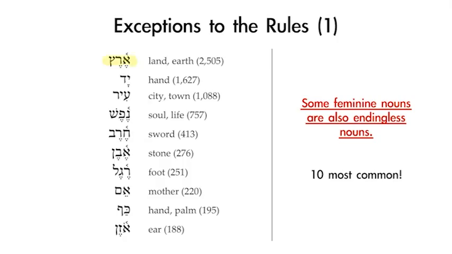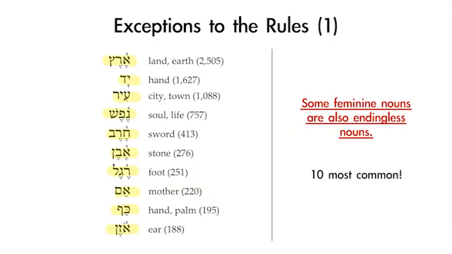They are eretz, for land or earth, yad, ear, nefesh, cherev, even, regel, egel, calf, and ozen. All of these nouns are endingless. They don't end in qamets he or tav, but they're feminine. And so you'll need to become familiar with some of these high-frequency nouns that are endingless, feminine singular nouns.